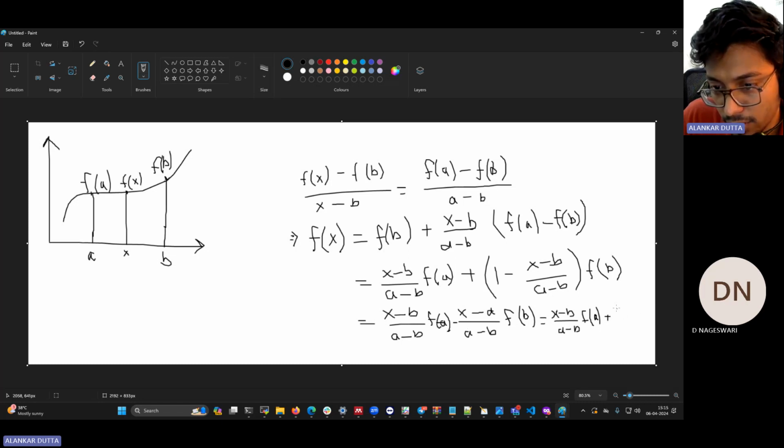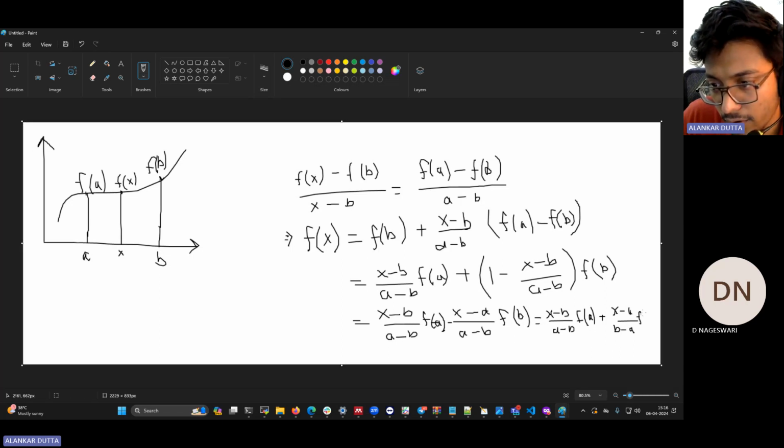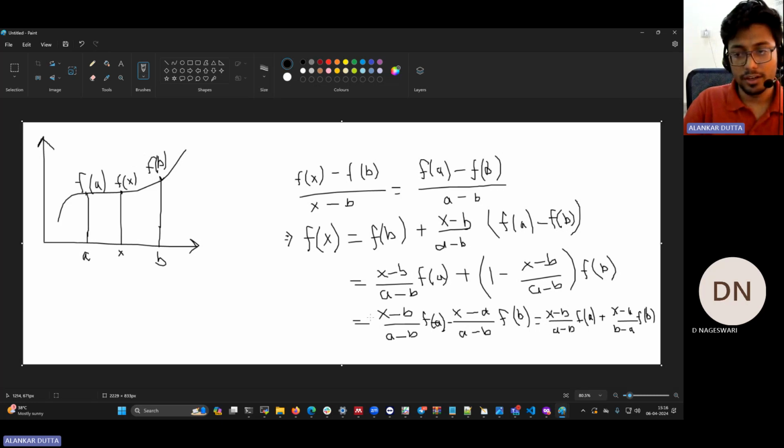So you'll have (x minus a) over (b minus a) times f(b). Well, this is the idea of how we get it, and this is nothing but f(x). And so let's write that.